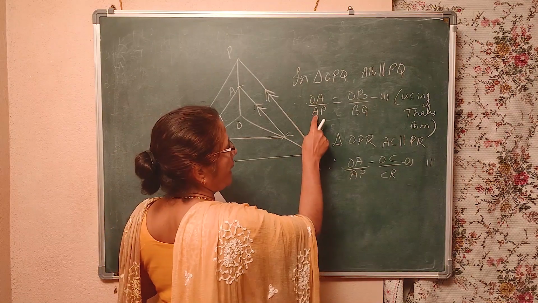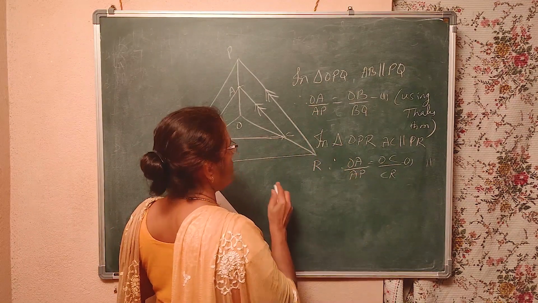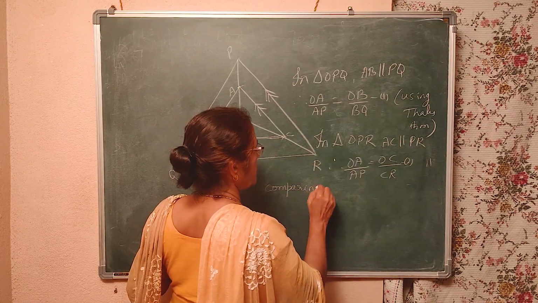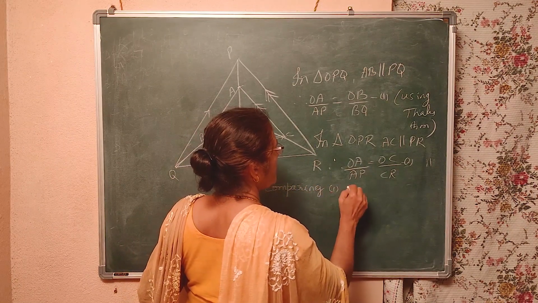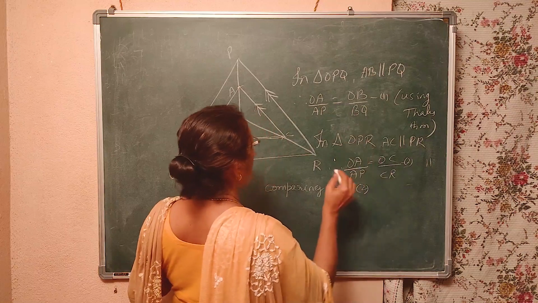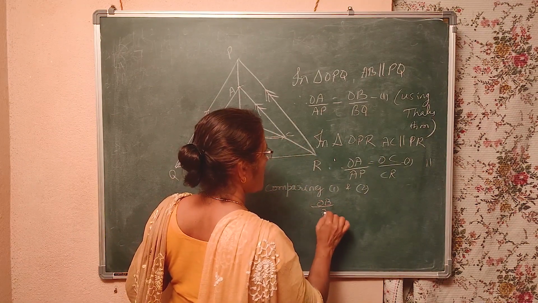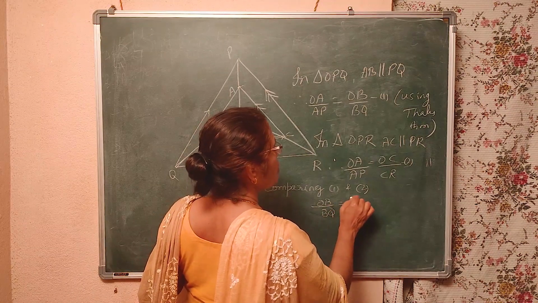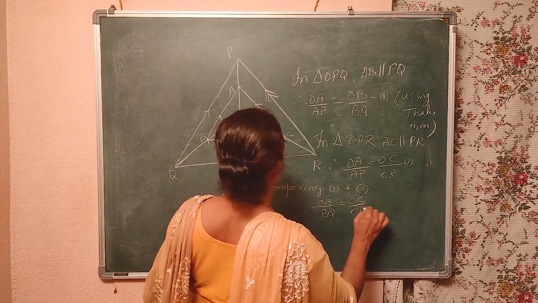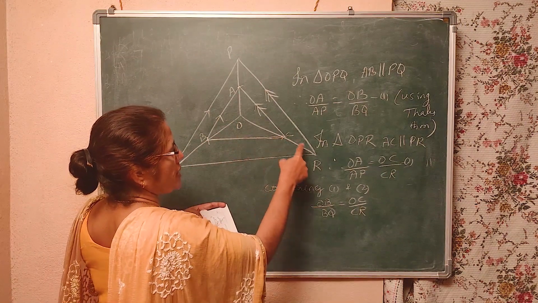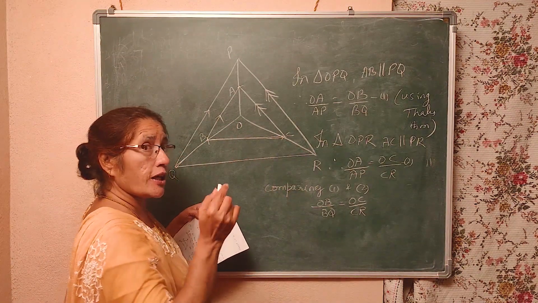Now OA by AP, OA by AP. So what can you do? Comparing 1 and 2, OB by BQ is equal to OC by CR. So what can you say?